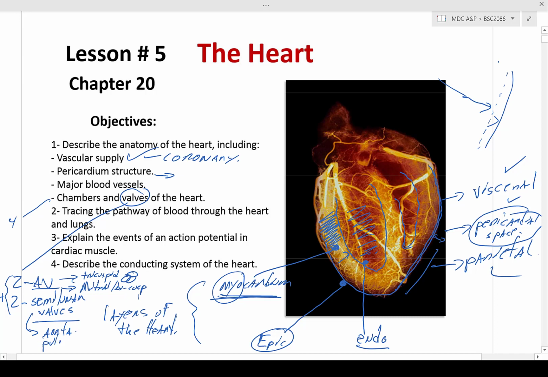And pulmonic, correct? So we call them aortic and pulmonary valves, or pulmonic semilunar valves. So those are the valves for you. Any questions? Okay.